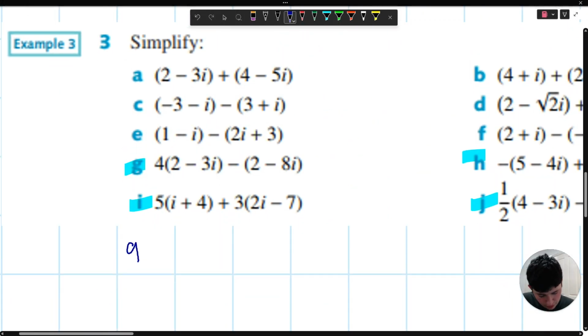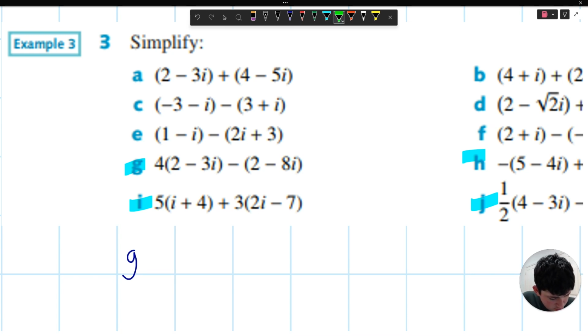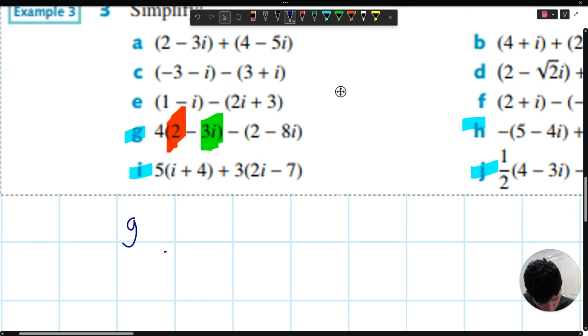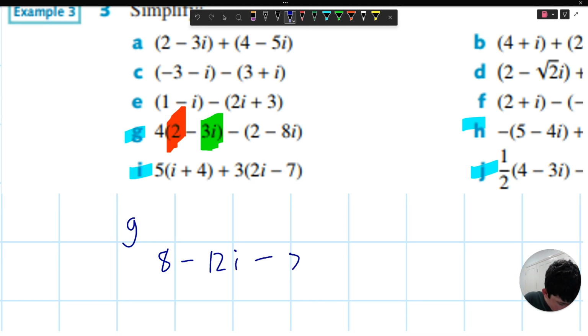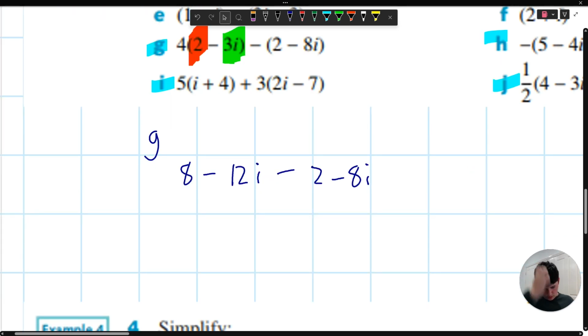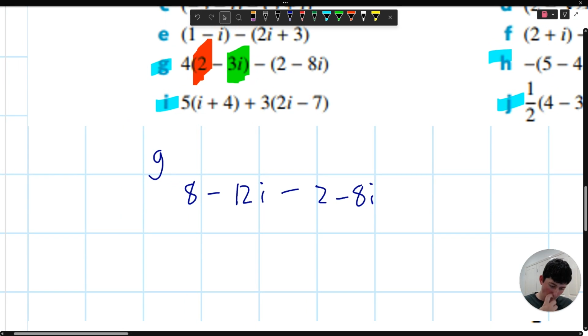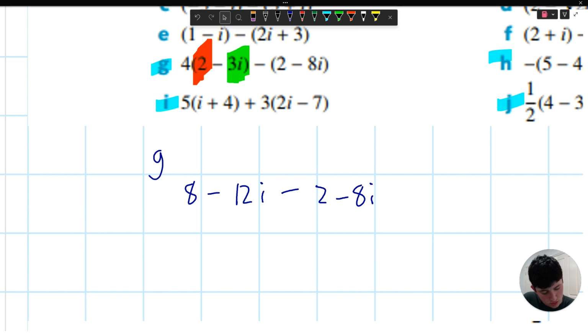Moving on. We do 3g. Now, as you can see here, there are imaginary components and real components inside each of the brackets, so we're going to need to expand the brackets first. And so, if we expand the brackets, 8 minus 12i minus 2 minus 8i. Now we can match up the two real components. 8 minus 2 is equal to 6.